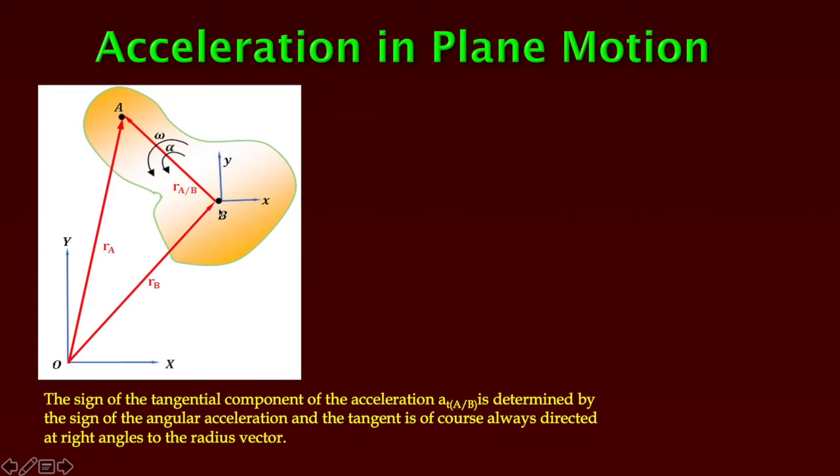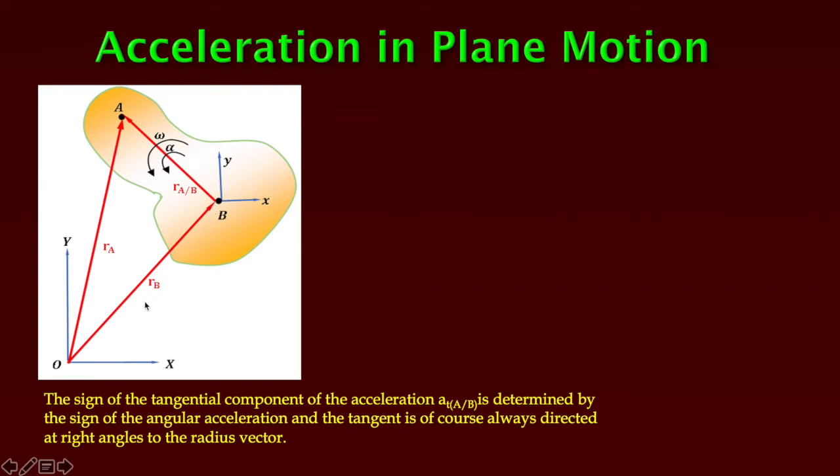About point B it is rotating in a clockwise or anti-clockwise direction. So here is the direction. Now omega and alpha: the arrowhead indicates the direction of rotation, but the vectors omega and alpha are directed perpendicular to this plane of rotation.